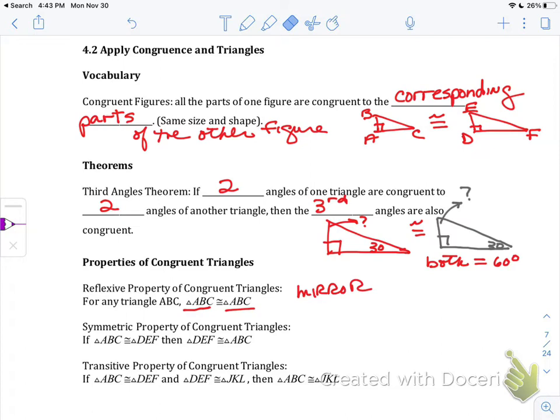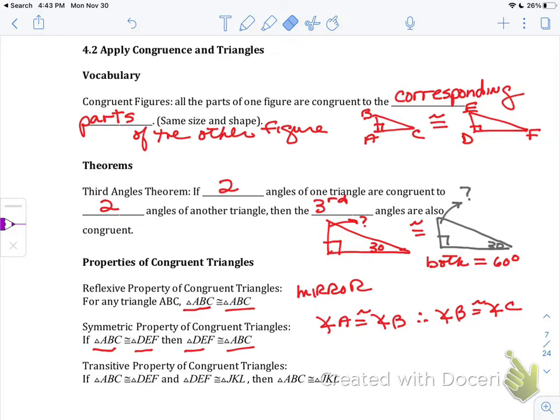Symmetric property is if you say triangle ABC is congruent to DEF, then triangle DEF is congruent to ABC. So think about it with angles. Angle A is congruent to angle B, therefore angle B is congruent to angle A. Okay, that's the symmetric property.